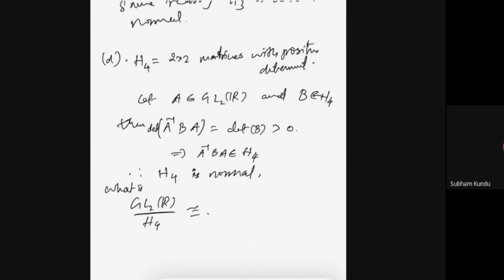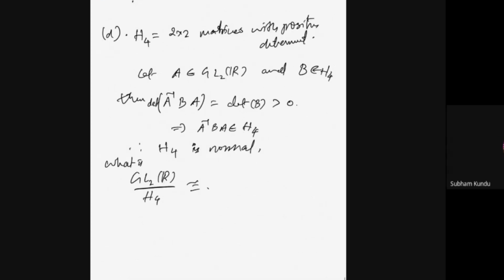You can guess that you are, in a sense, dividing by matrices with positive determinant. You have only two possibilities: matrices with positive determinant and matrices with negative determinant. So we are identifying all matrices with positive determinant as one class, and the matrices with negative determinant will come into the other class, right? There are only two possibilities. So how do you prove that? How do you give a nice proof?